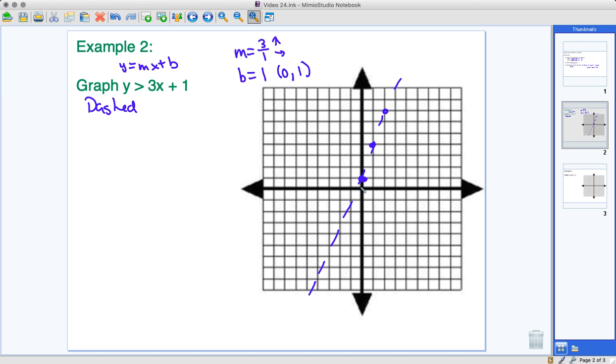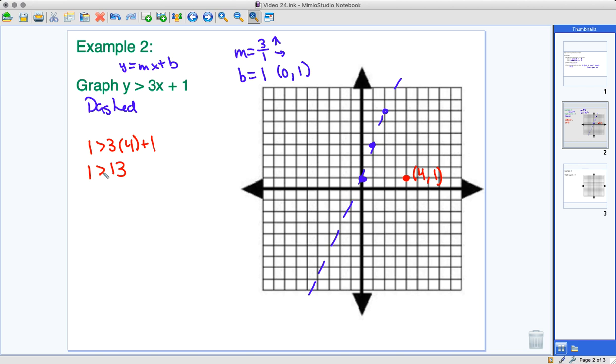Now, I'm not 100% sure if 0, 0 is on my graph, so I'm going to pick a point way over here that I know is not on my line. So this is the point 4, 1. I'm going to plug it into my equation: 1 greater than 3 times 4 plus 1. 3 times 4 is 12, plus 1 is 13.